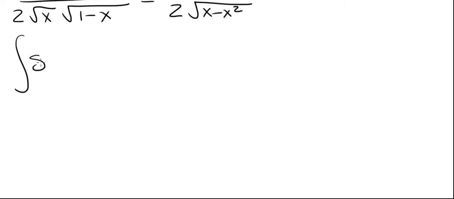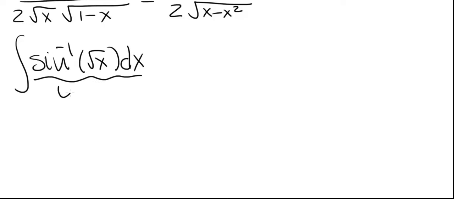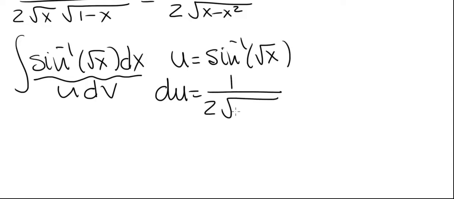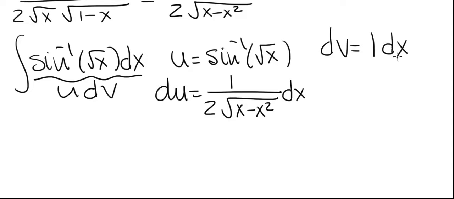So the integral of inverse sine of the square root of x, we're going to call that the integral of u dv. The only choice for u is inverse sine of square root of x. We just saw that the derivative of that is 1 over 2 square root of x minus x squared dx, and that means that dv is just 1 dx.